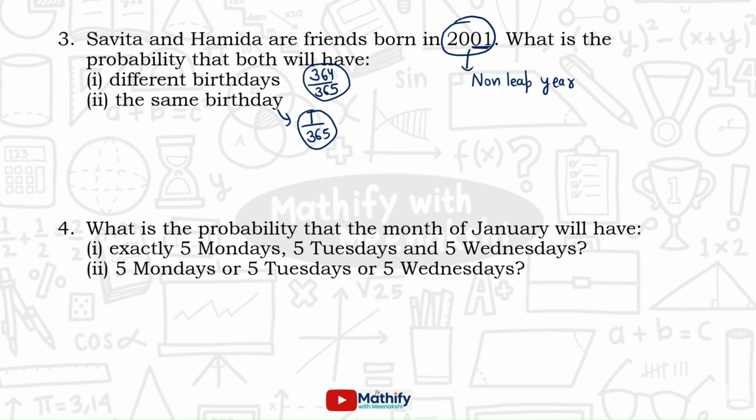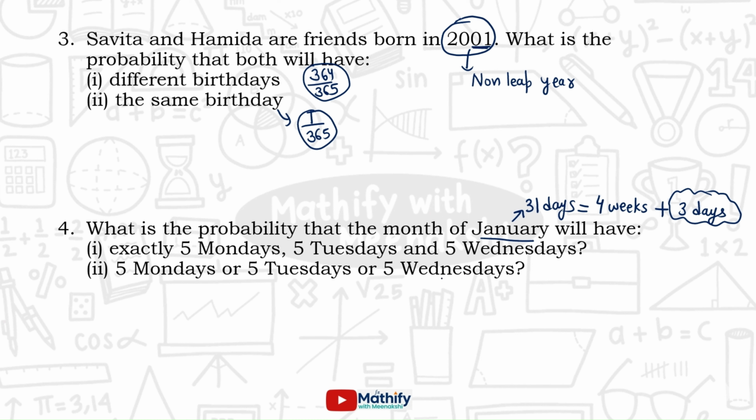What is the probability that the month of January, that means we have 31 days in January, will have exactly 5 Mondays, 5 Tuesdays and 5 Wednesdays? First of all, you should know that we have 4 complete weeks, because 28 days, and then we are left with 3 days. We have to make the combinations of these 3 days. If it's a 30 days month, then you are left with 2 days and you make combinations of 2 days.